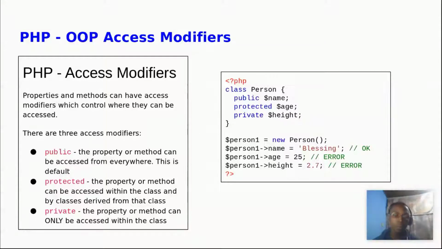Now, take note of this example. We have a class called person, and it has three properties. You have the name, which is public, the age, which is protected, and the height, which is private. Now, if we instantiate this person and try to access them directly, you actually get errors.